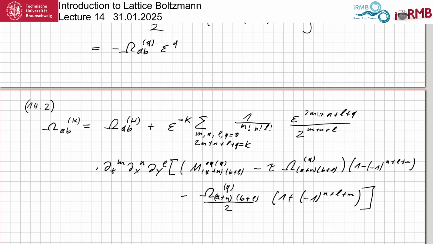So what is summed up here is the order of that term. Yeah. So which means, because this is to the order 2m plus n plus l plus q, this altogether has to be k. Yeah. So we sum not to infinity, but we sum only for the case that all of this together is equal to k. That's what we are summing over.